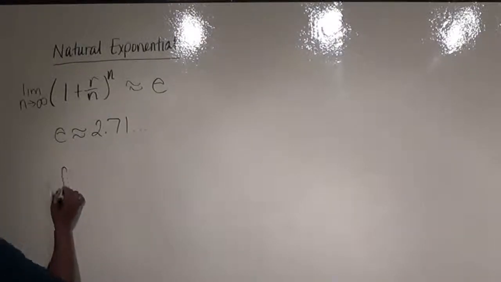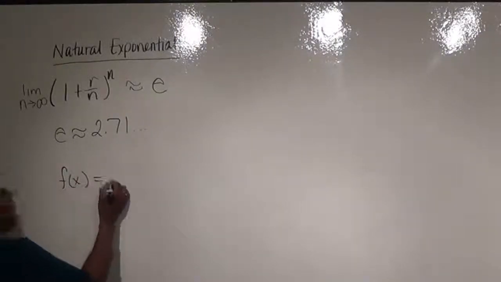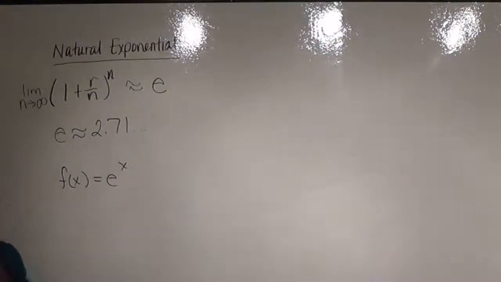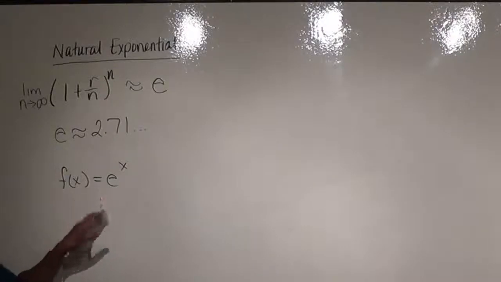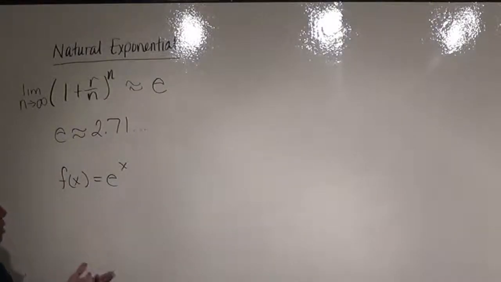Okay? So for example, if I said graph the function f of x equals e to the x, we're doing very similar things to what we just did with our 4 to the x and the 2 to the x. The only difference is the base is not a pretty number.